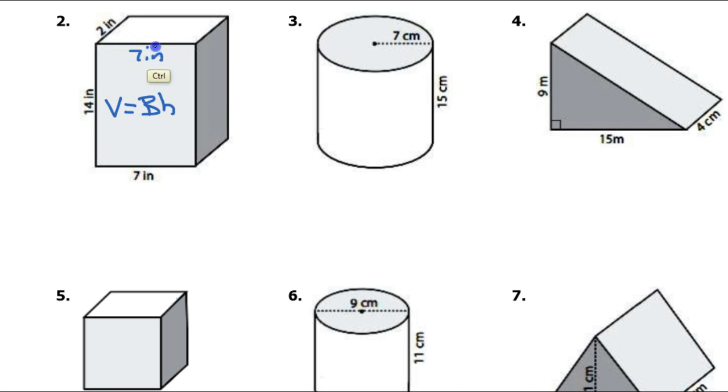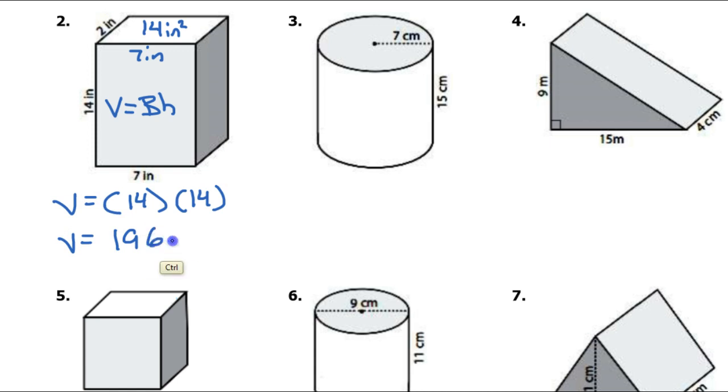So the area of this base is 14 square inches, 2 times 7. So when I say the volume is equal to the area of the base times the height, the area of the base is 14 square inches, and the height is 14. So the volume is going to be 196 cubic inches.